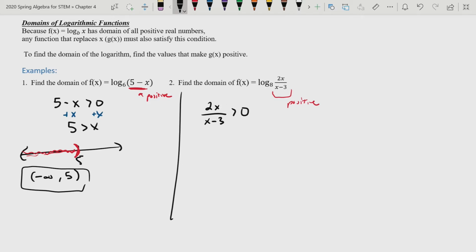When is a fraction positive? A fraction is positive when either both the numerator and the denominator are positive, or when both the numerator and the denominator are negative.